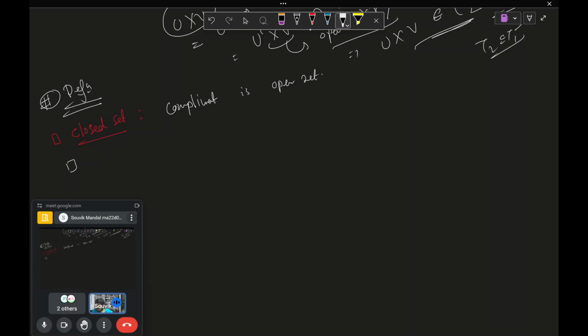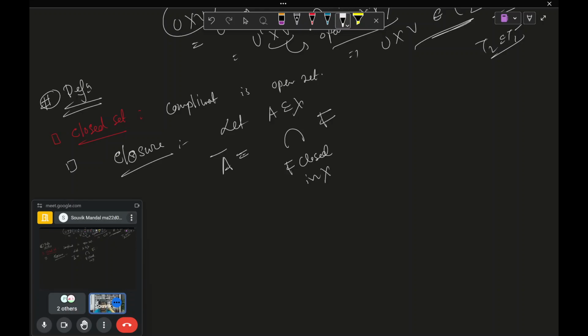Then there is something known as closure. Let A be a subset of X. Then the closure of A is defined to be the intersection of all closed sets containing A. This is the closure.